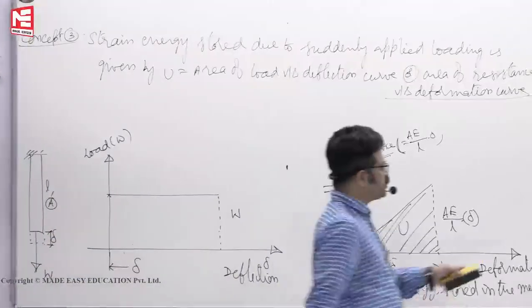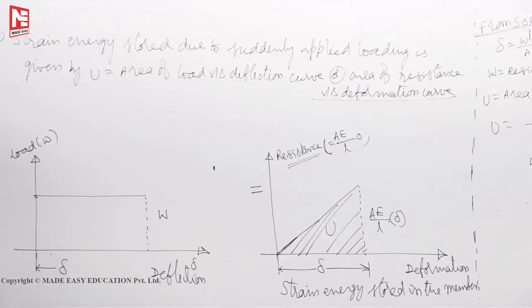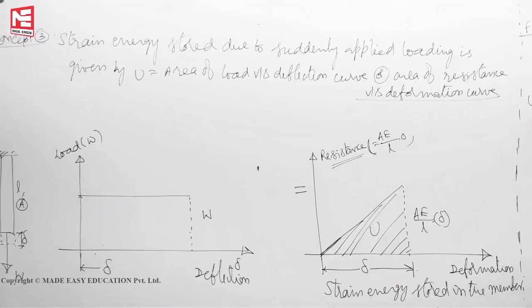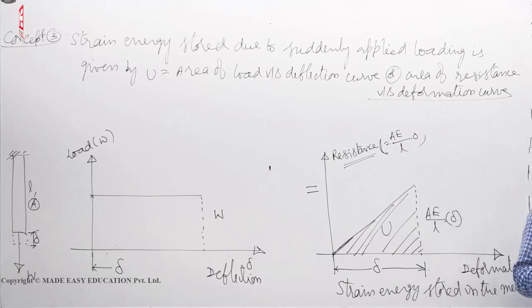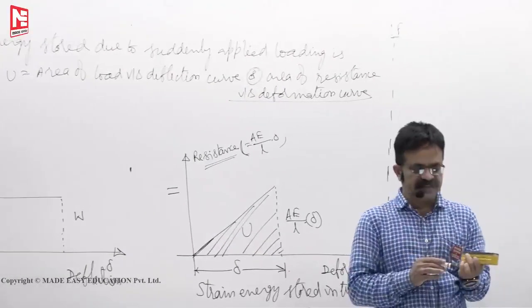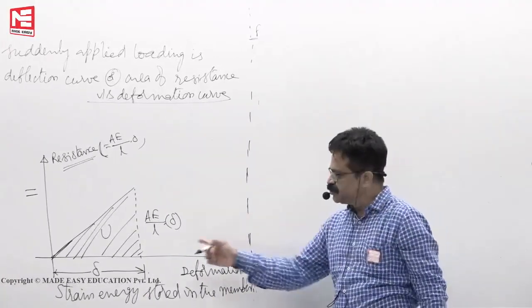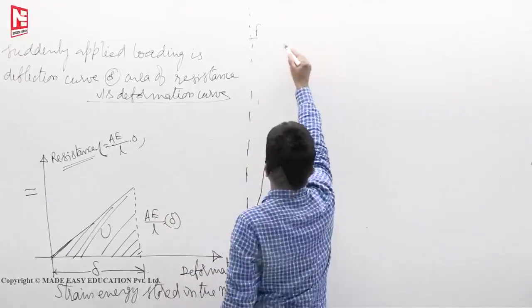Now if you want to see how much that delta is, we will find it like this. In strength of materials you have studied, depending on how you apply the load, deformation characteristics are totally different. If you apply the load suddenly, how much should be the deformation so that areas will be equal? So that we will find from this one.